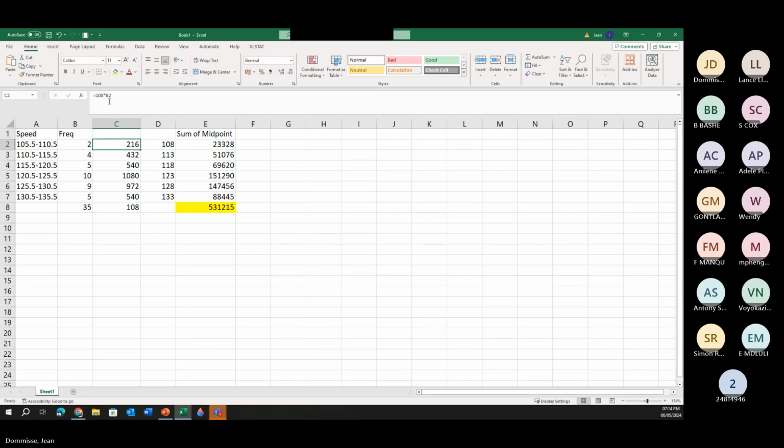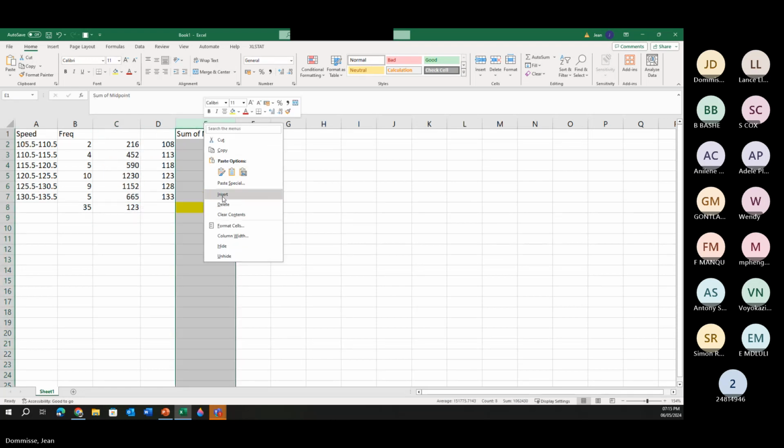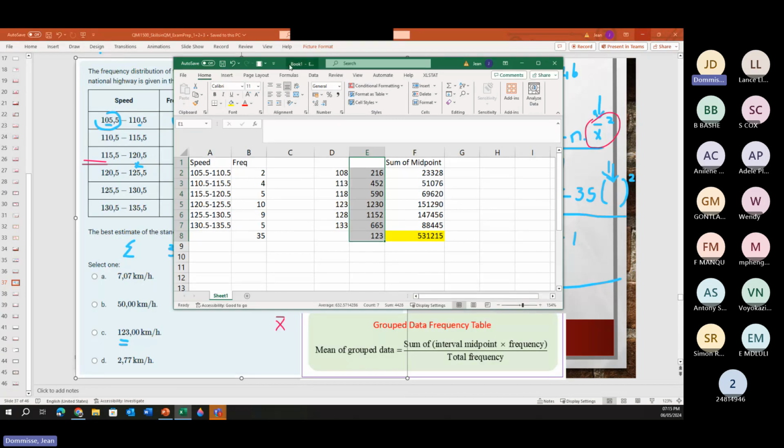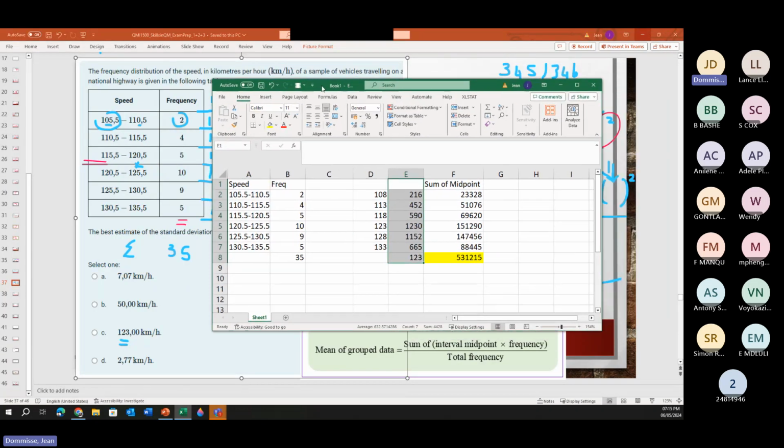Let's just... I'm going to share this with you guys as well, so that you have the Excel. Oh, page 331. I have not done something like this in ages.